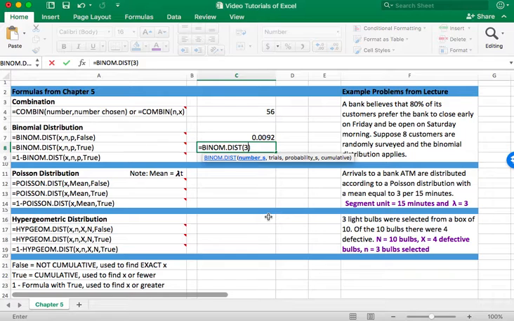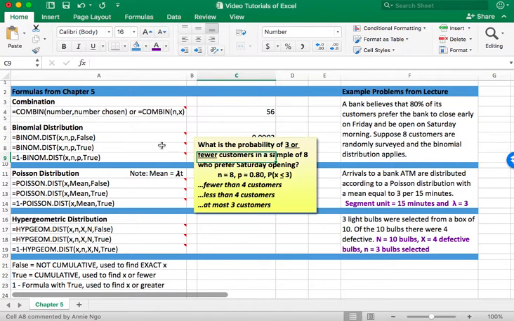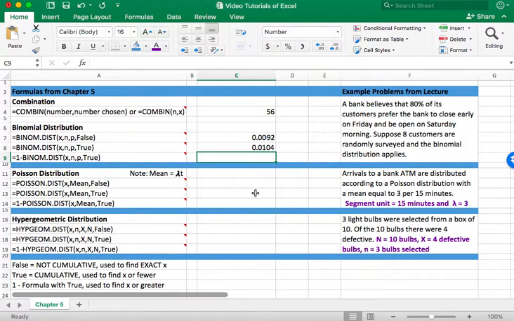Okay, so 3. Our n is still 8. Our probability is 0.8. And because we are looking for 3 or fewer, that would be cumulative, we will type in the word true. So that will give us the probability where 3 or fewer customers in the sample will prefer a Saturday opening.